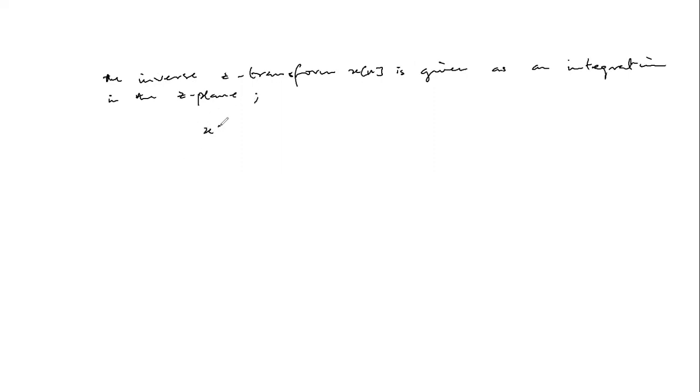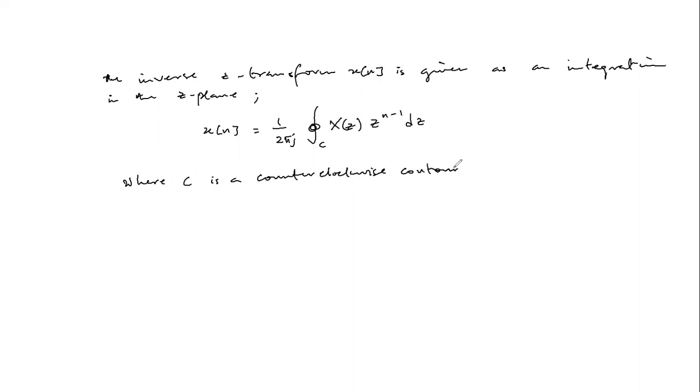Such that s of n is the same as 1 over 2 pi j times the integral over the contour C of S of z, z to the power of n minus 1, dz, where C is a counterclockwise contour of integration enclosing the origin.